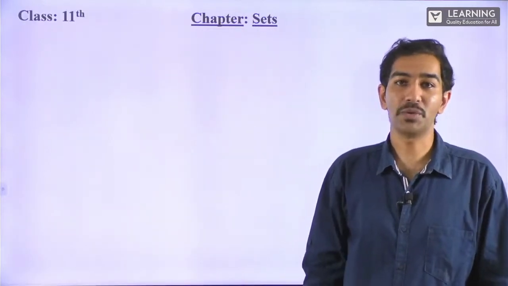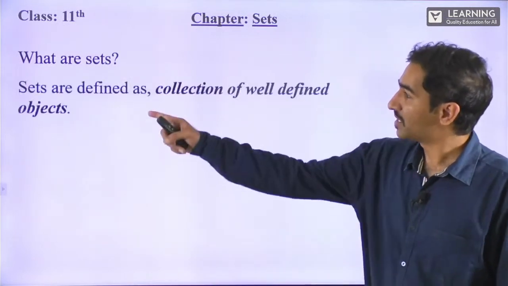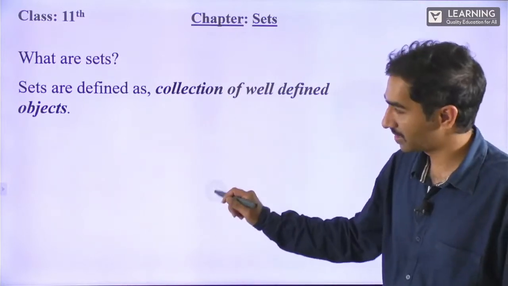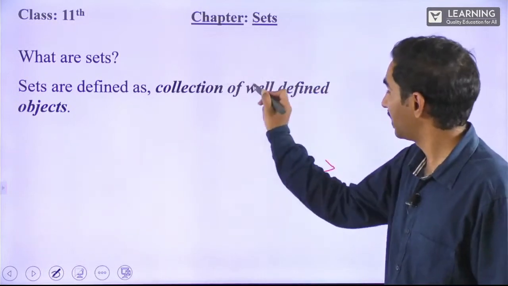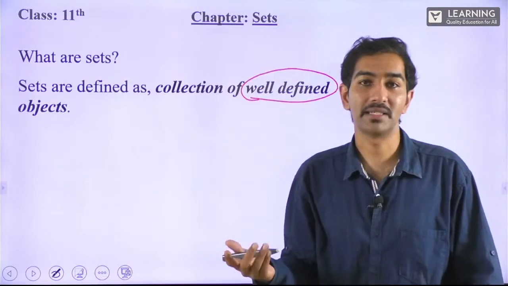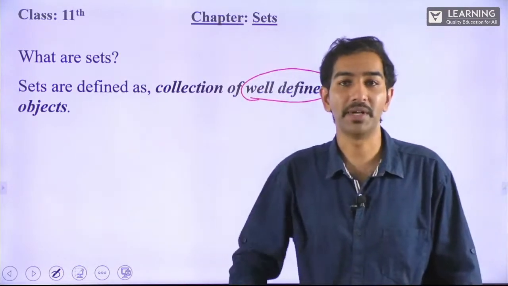So the very first question is, students, what is sets? Sets are defined as a collection of well-defined objects. There is a word here, well-defined objects. What is the meaning of well-defined objects?